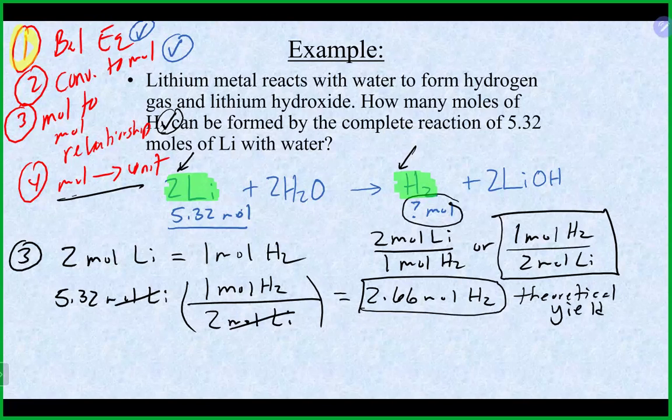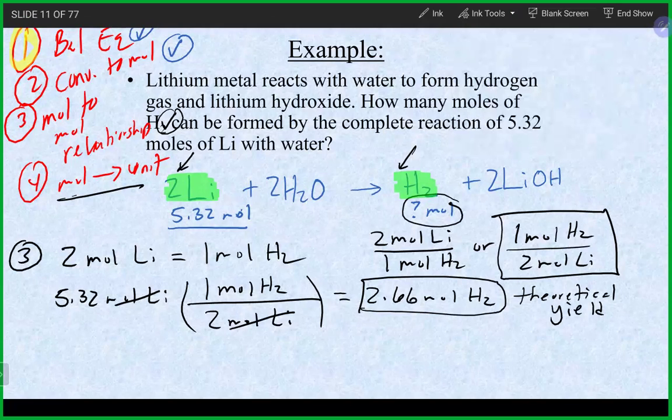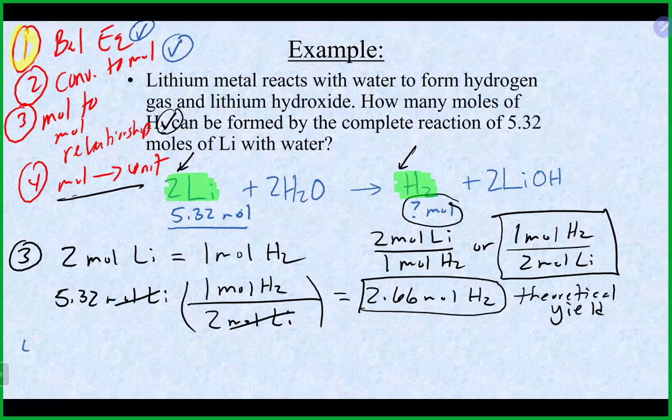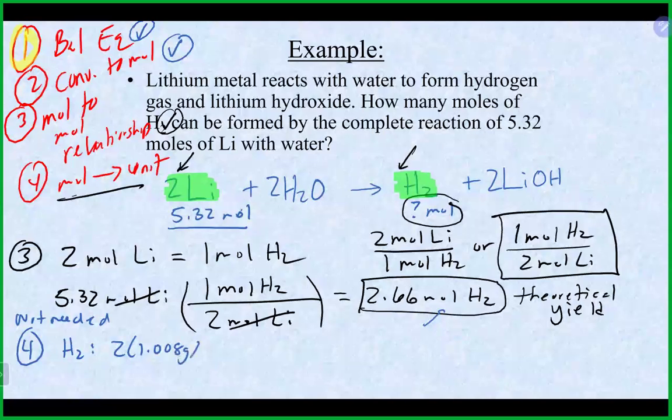We didn't need to do it in this case, but if I wanted grams, just to show you, again, not needed here. But if I wanted grams, I would do the 4th step, which means I would take my moles. I would have to go to the periodic table, get my molar mass of hydrogen H2, which would give me 2.016 grams per mole.